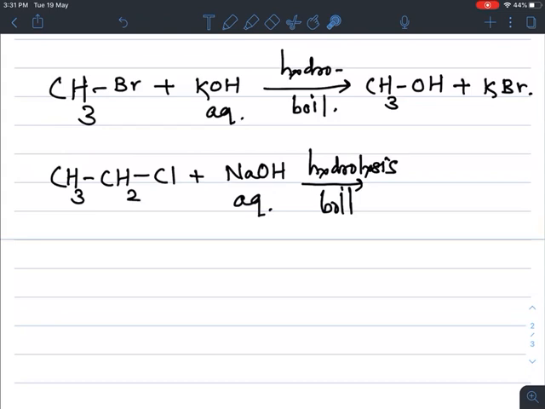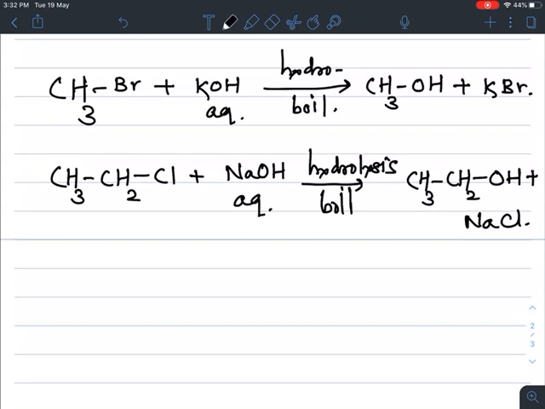By which reaction mechanism? Primary alkyl halides favor SN1 or SN2? They follow the SN2 reaction mechanism. So finally we get the 2 carbon containing alcohol with the byproduct NaCl.